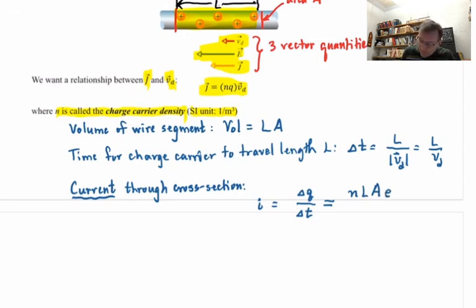So that's my rather straightforward expression for the current through the left cross-section.